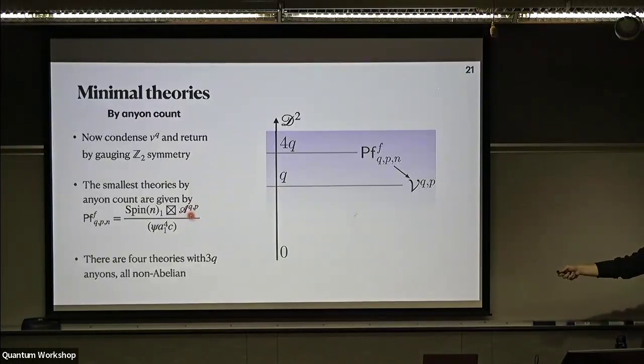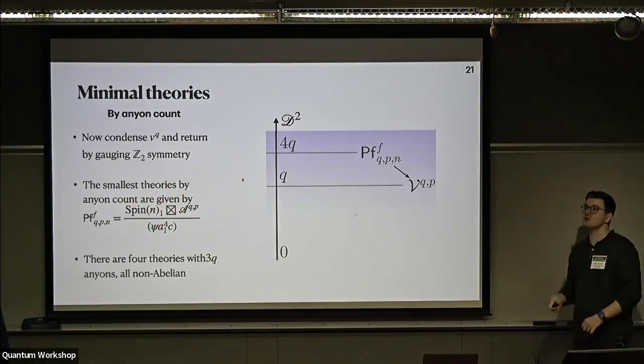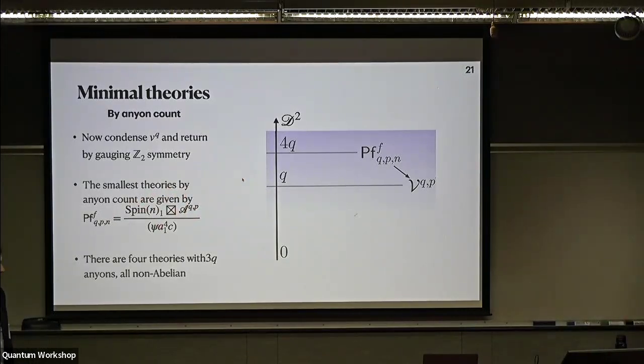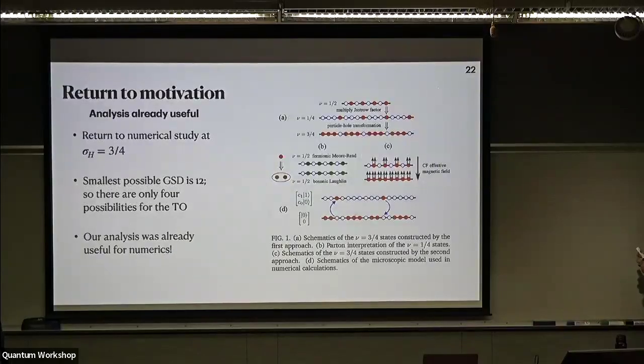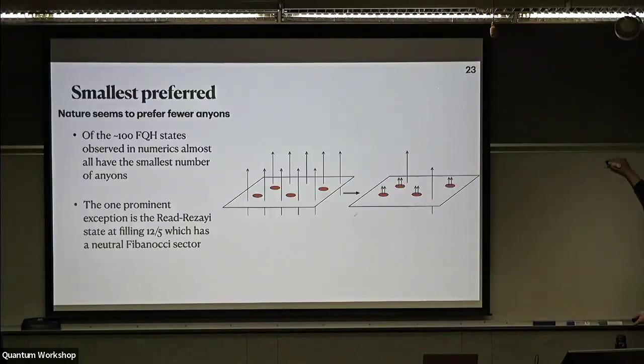So here we have the spin N theory where the anyons will be 1, b squared, b cubed, and there will be a sigma and a b times sigma. And the fusion rules are that sigma times sigma is equal to b cubed times c.